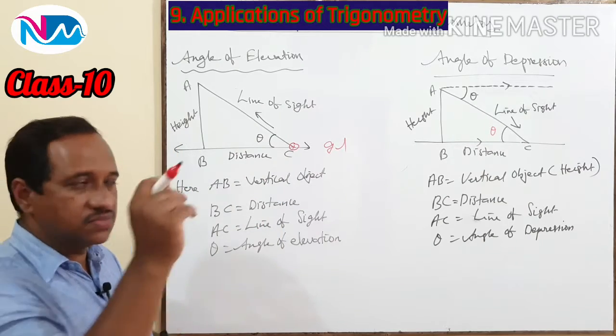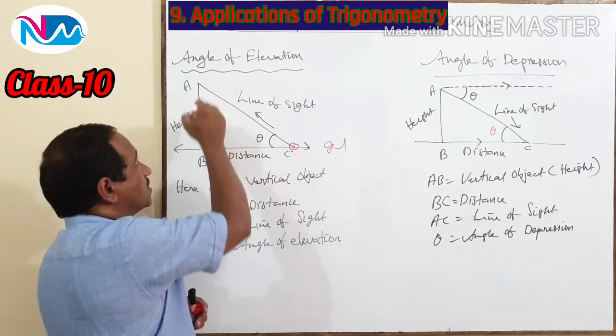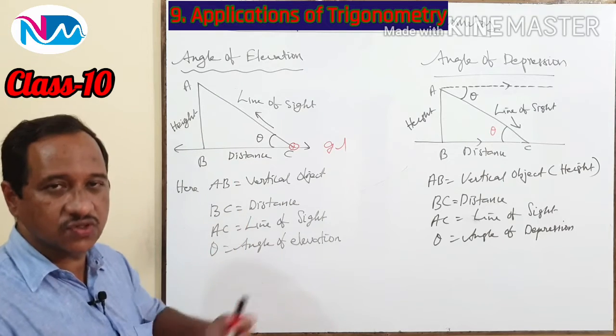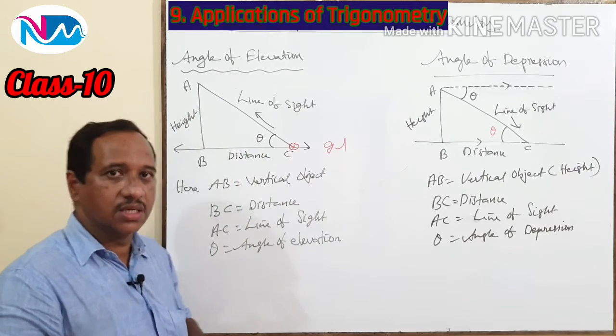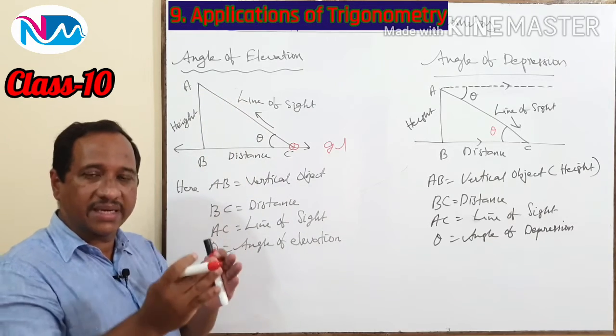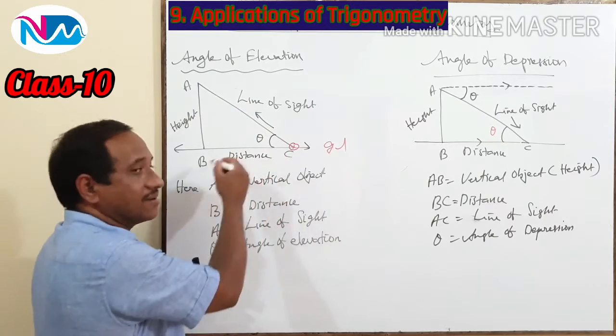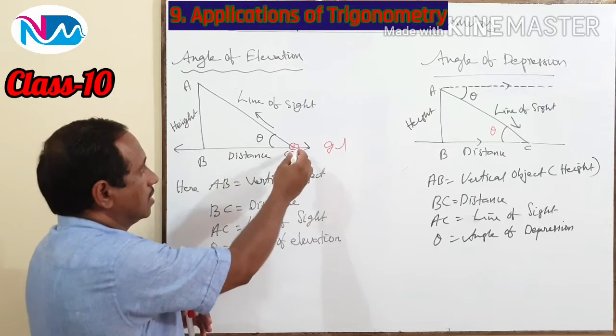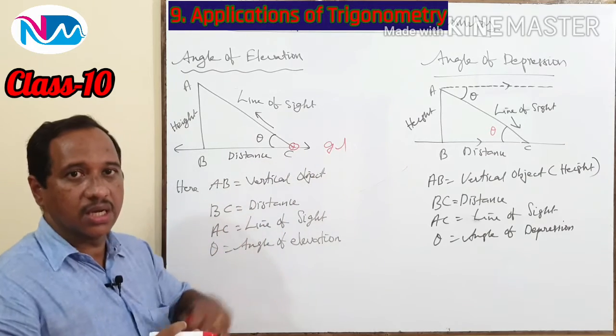If a person observes the top of this vertical object such as tower, pole, etc., he will look at the top of the tower making some angle with the horizontal ground level.